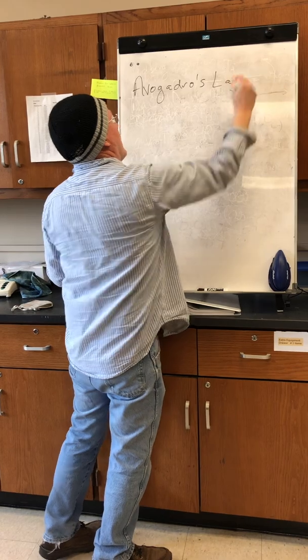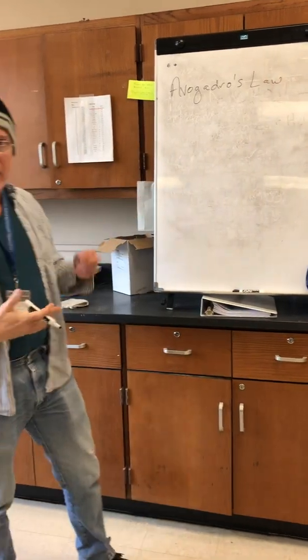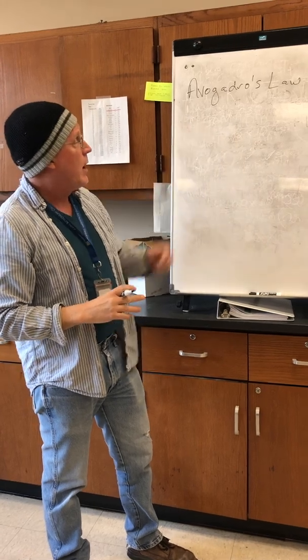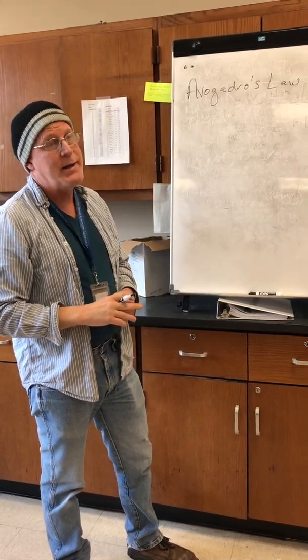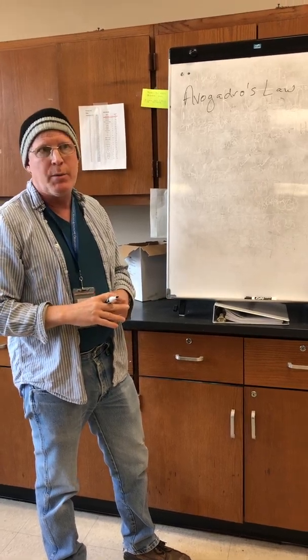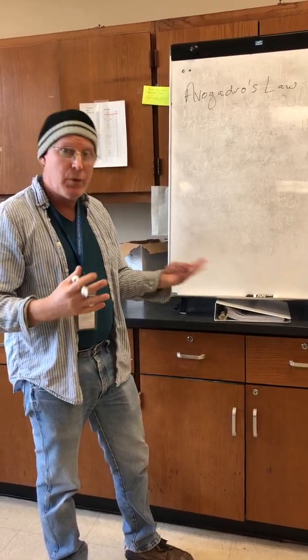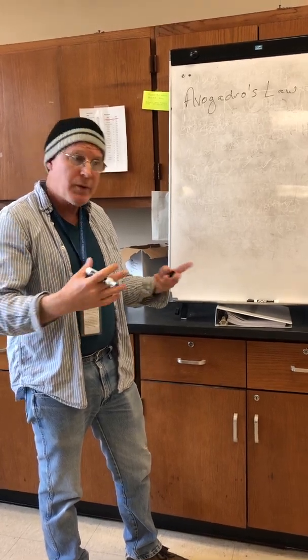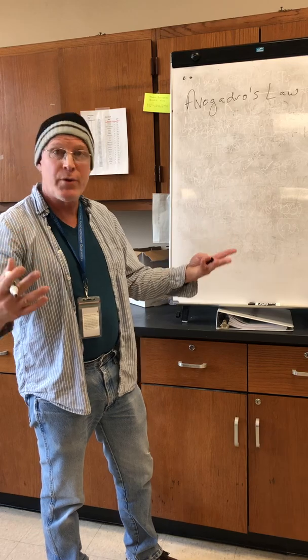All right, so Avogadro's, and we're talking about gases here. The idea behind Avogadro's law is that the volume of a gas is dependent upon how many particles are present in it. And of course, you know Avogadro's number, 6.022 times 10 to the 23rd.